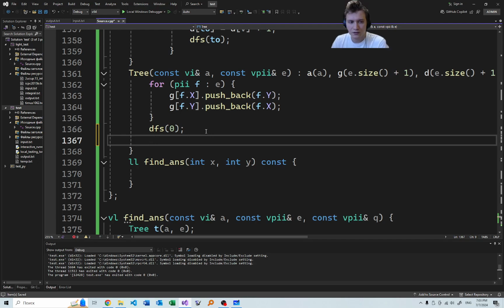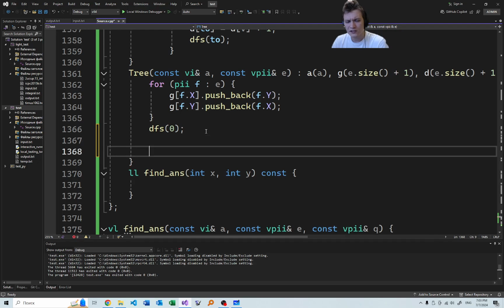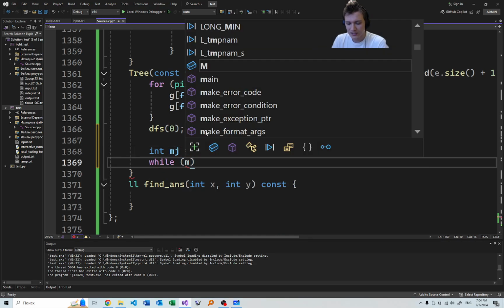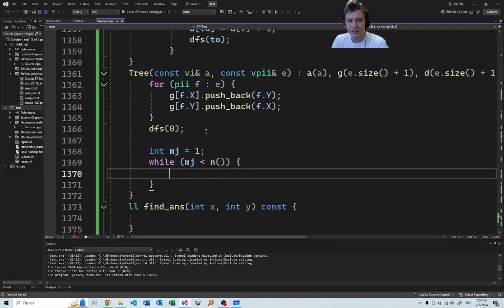So now we need to construct. Okay, actually we can construct the jump array here. So int maximal jump is 1, and while maximal jump is less than n, we need to continue making our jump array. So what do we do?